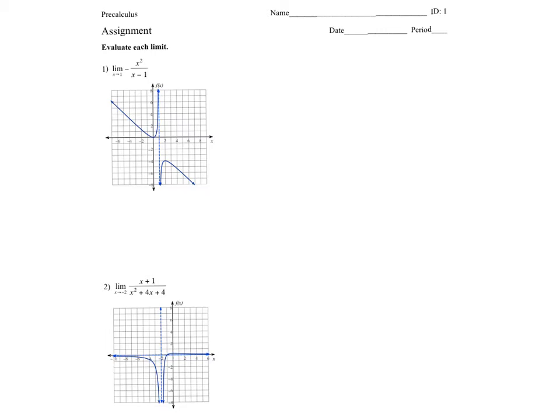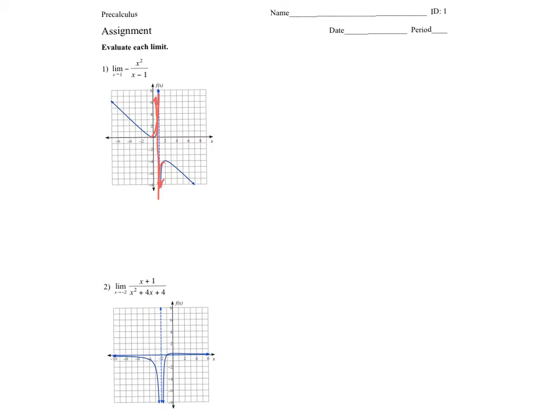On the first one, they want to know what this graph does as x approaches 1. If you look on this graph, the 1 is the asymptote. It's the part that the graph doesn't really touch. When it approaches 1 from the left, it goes up to positive infinity, and when it approaches 1 from the right, it goes down to negative infinity.